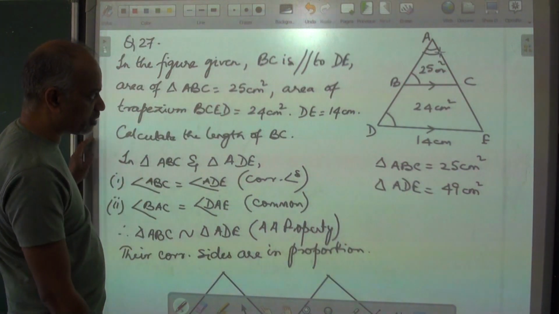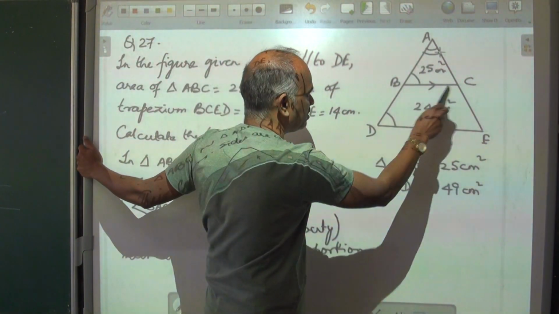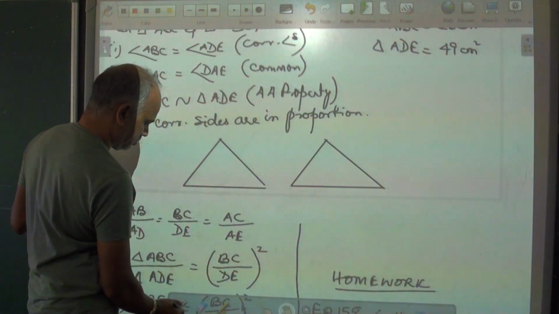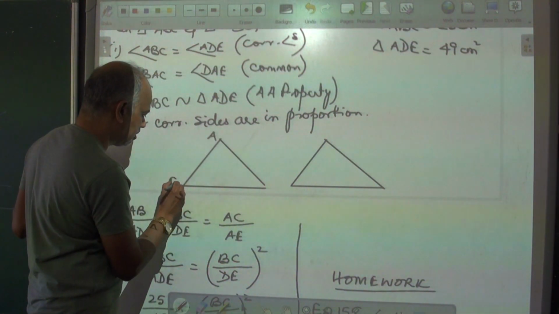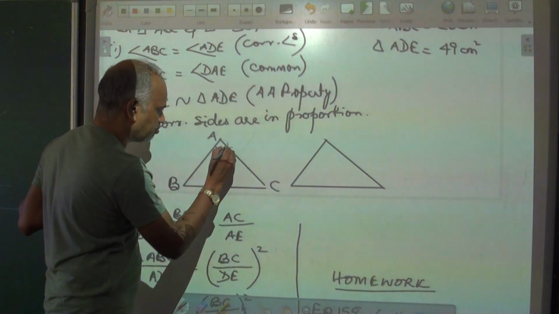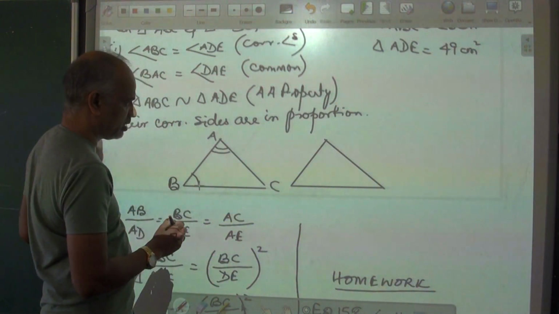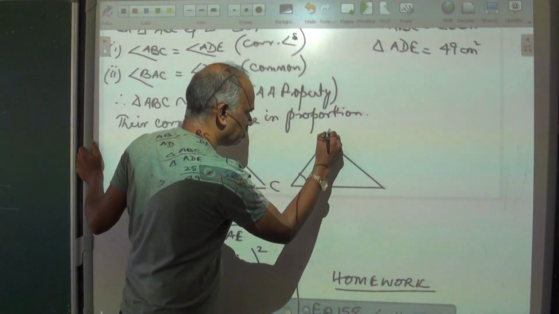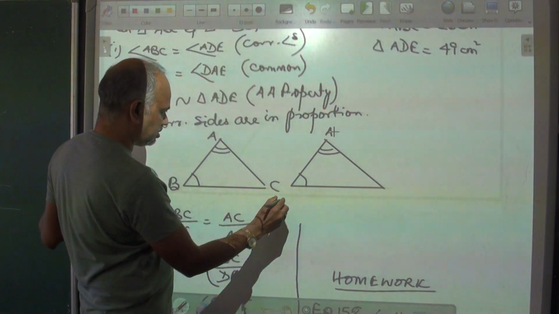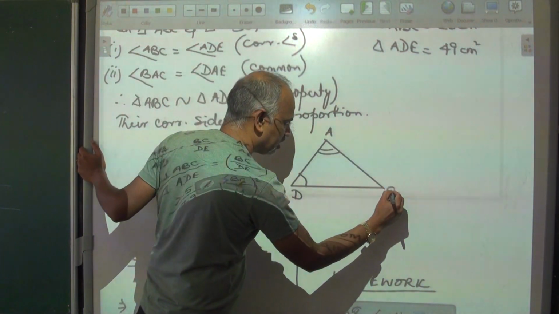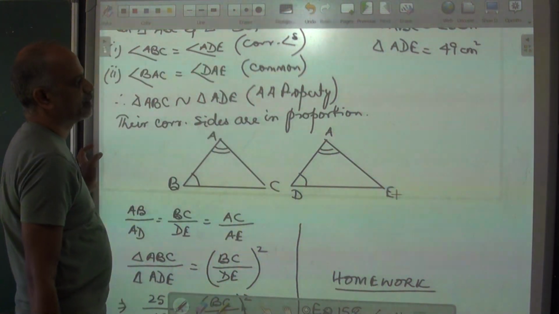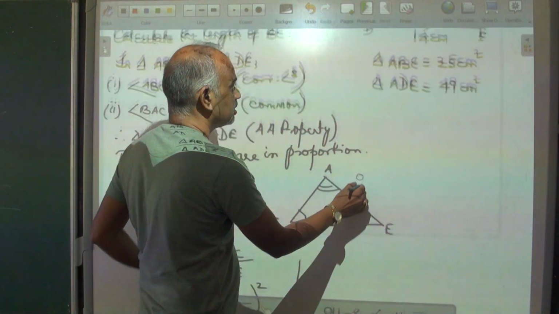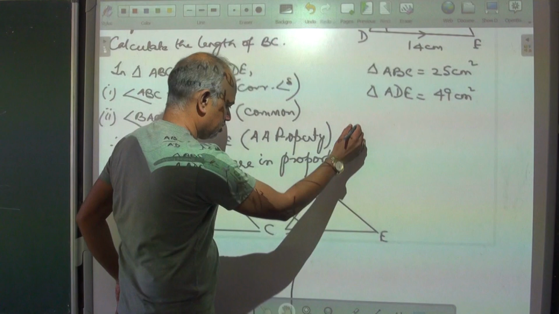So draw the two triangles separately. First one is ABC. A is marked with a double arc, B with a single arc. This with a double arc, this with a single arc. So this has to be A, this is D, and this will be E. Now, one side which you know is DE is 14.